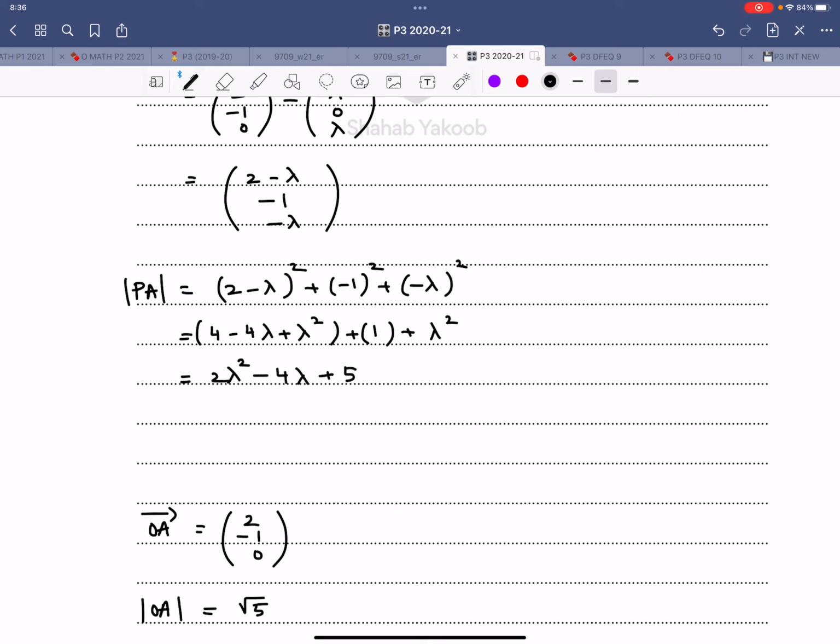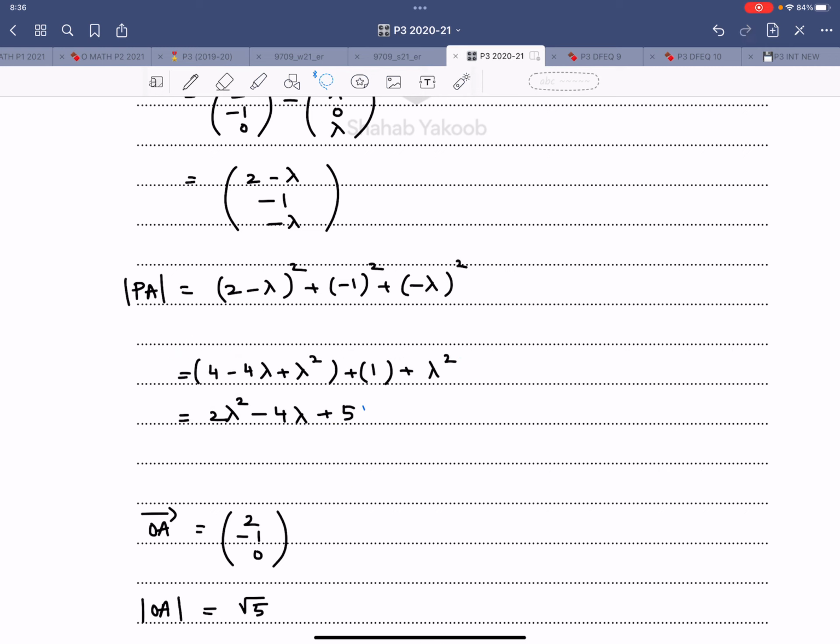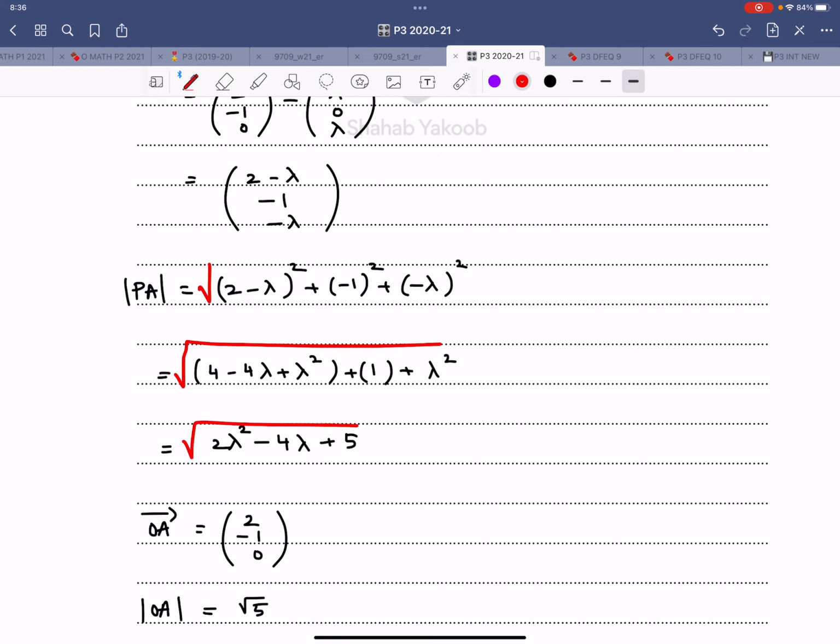So let me write the square root with a red symbol, so that it's a little bit obvious. Let me move this over here and thicken it. There is a square root on top of this thing.